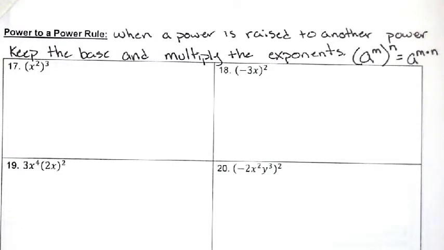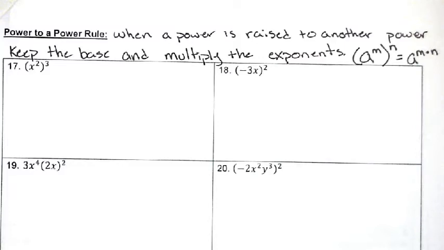Whenever I have a parentheses, what main concept do we do to get rid of said parentheses? Distribute, which is multiplication. This is why we multiply power to power rules, because essentially, all you're doing is distributing to everything inside the parentheses.